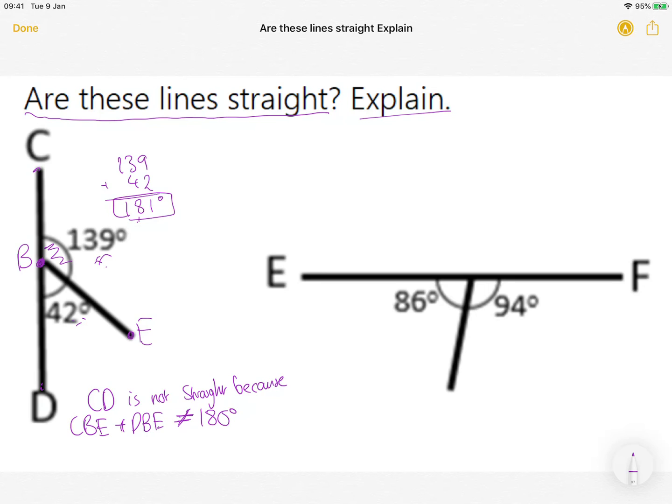It equals 181, meaning that it's just slightly off of being a straight line.